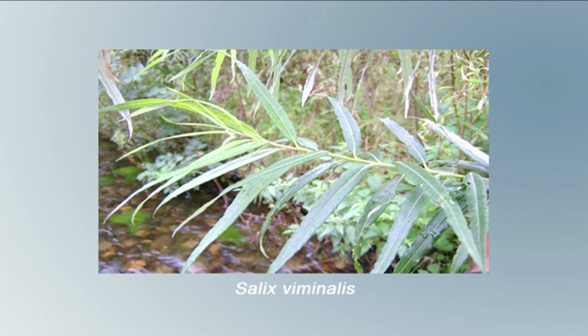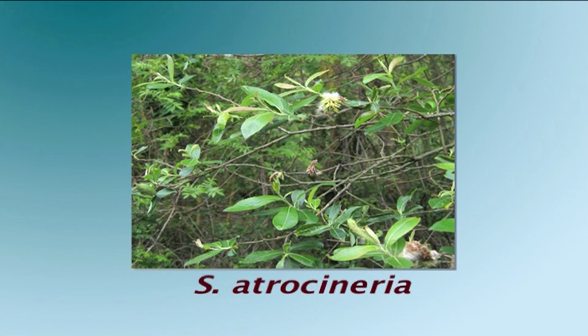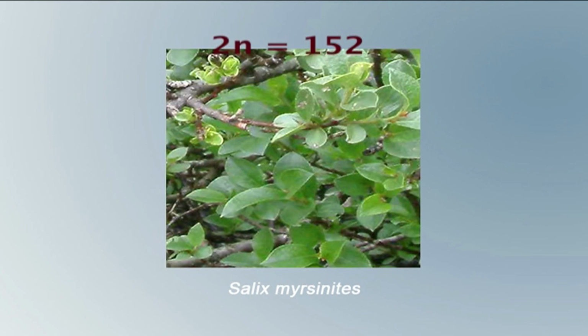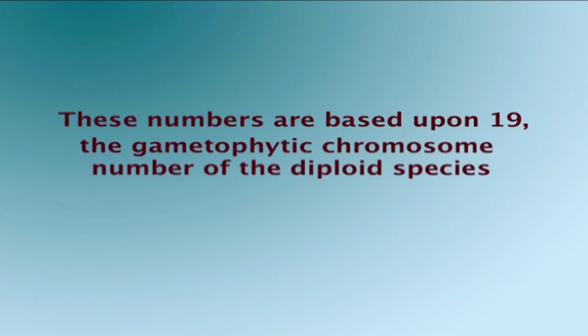For example, in the genus Salix, there are species with 2n = 38 Salix viminalis, 2n = 76 Salix atrocinerea, 2n = 114 Salix falcifolia, and 2n = 152 Salix myrsinites. These numbers are based upon 19, the gametophytic chromosome number of the diploid species.